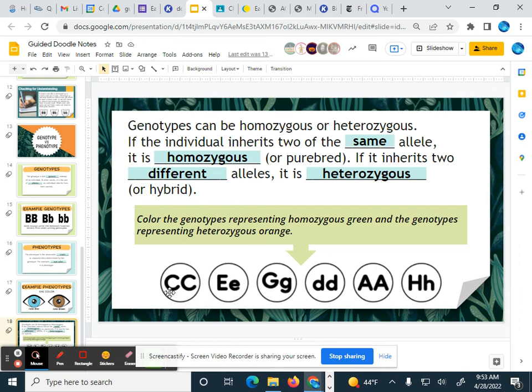Next organism. Excellent. That's it. Heterozygous. Next organism. Good. Excellent. Good. Perfect. Any questions about any of that?